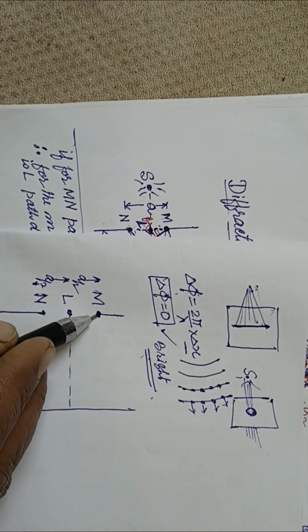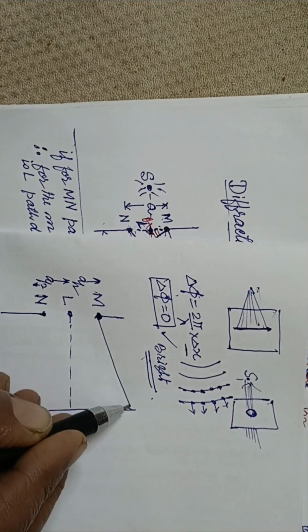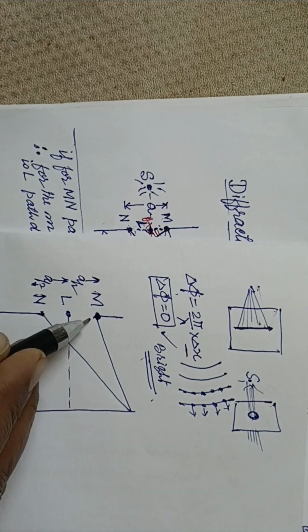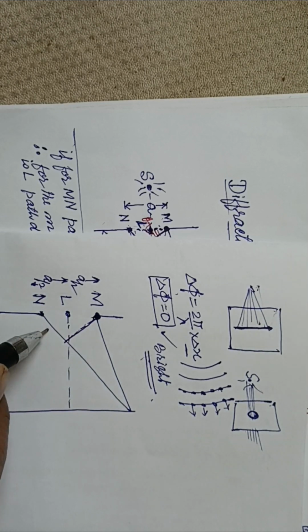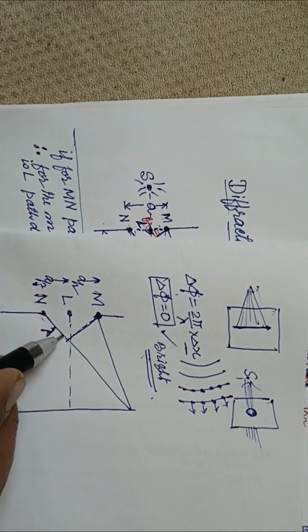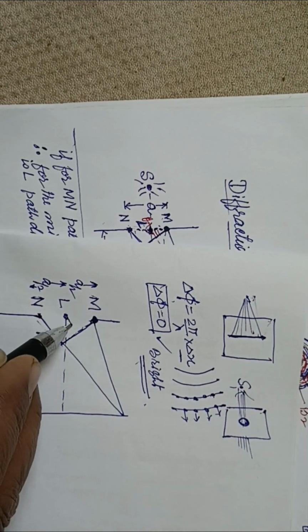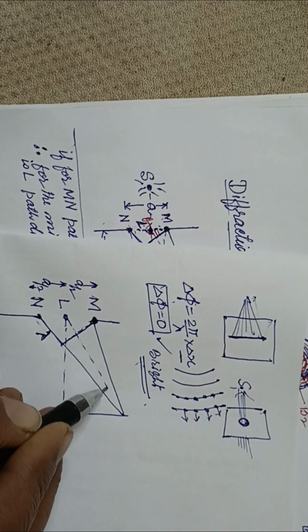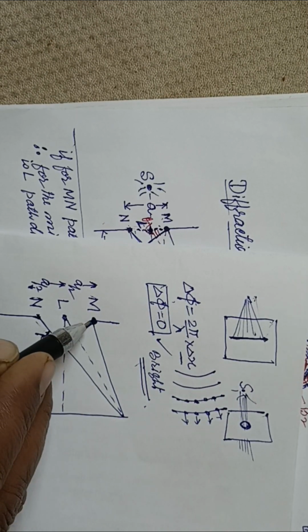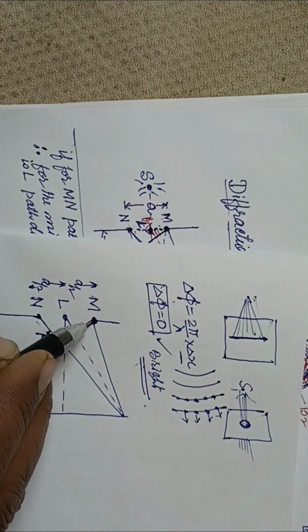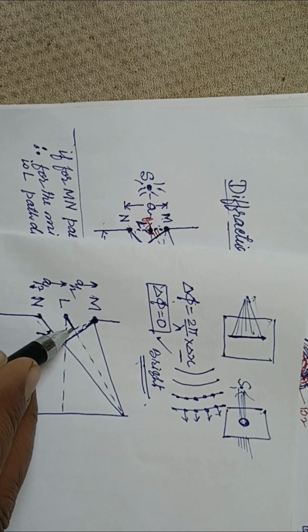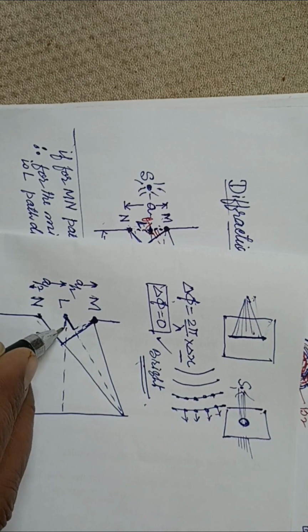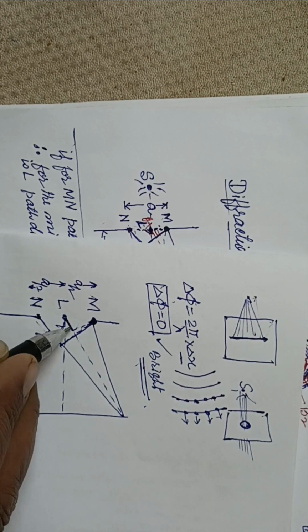The path difference between M and N is lambda. So the path difference for this point and this point will be how much? You draw the perpendicular like this. So this length will be lambda by 2, half of that.